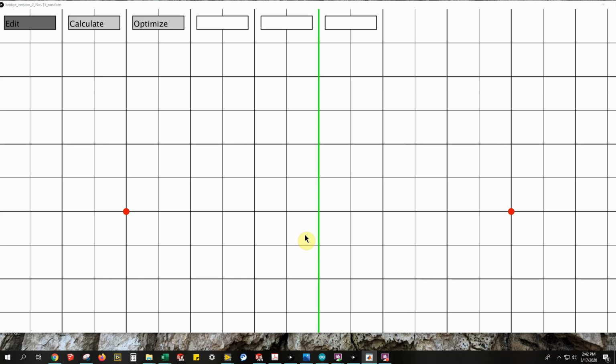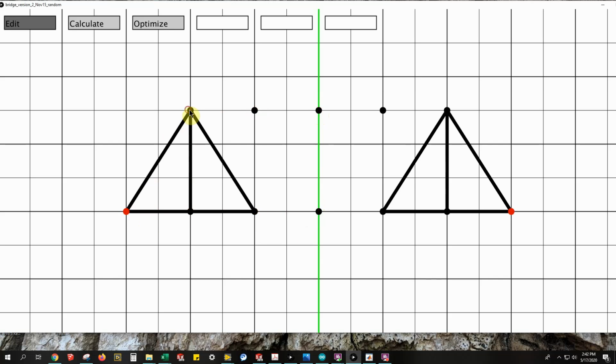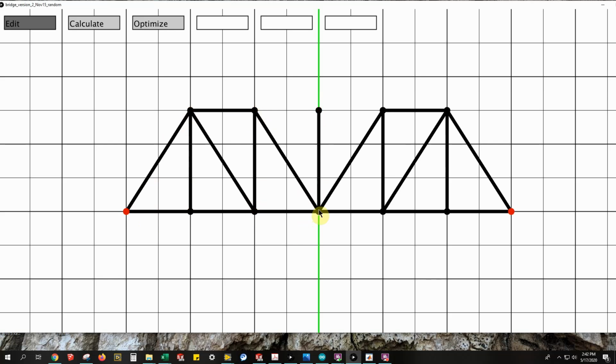First of all, it did what our Truss Analyzer does. So let's just create a basic Pratt truss here. Bear with me, I'm just showing you that it is pretty easy to utilize his tool.